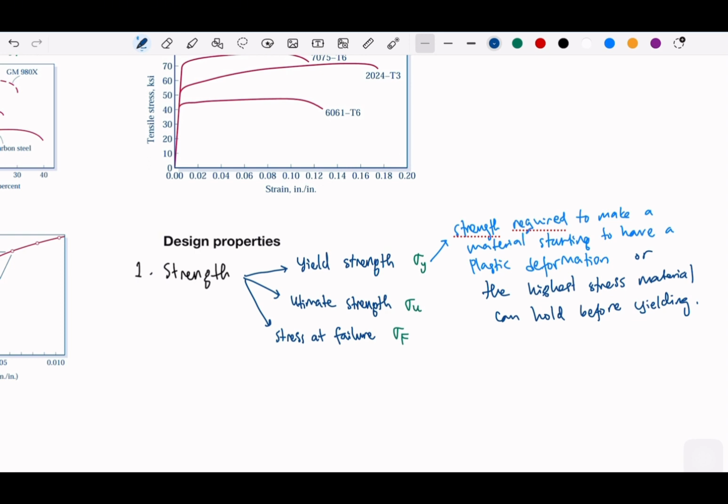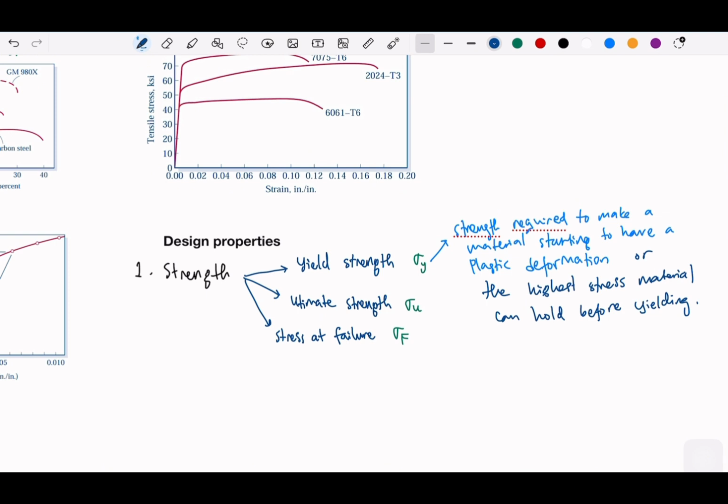Yielding, if you learn from some movies or films, means to give up. Yield, especially in classical movies or on TV. Okay, yield strength, and then ultimate strength. I think ultimate strength is easy to describe.